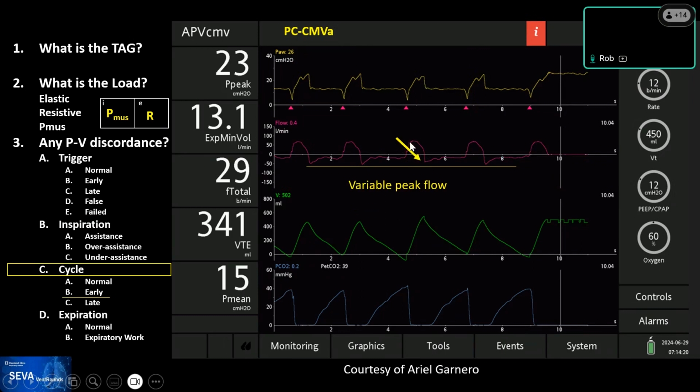We don't get a nice exponential decay. The flow is still elevated at the time that the inspiratory time stops. So, at least in this particular breath, I would say, yeah, that's probably an early cycle. Now, that's not indicated by the inspiratory hold, but you'd probably want to see that on an expiratory hold anyways, wouldn't you? Yes, to see how big the P-mus is.